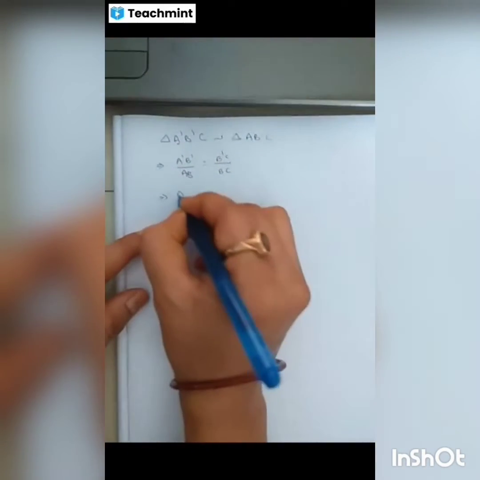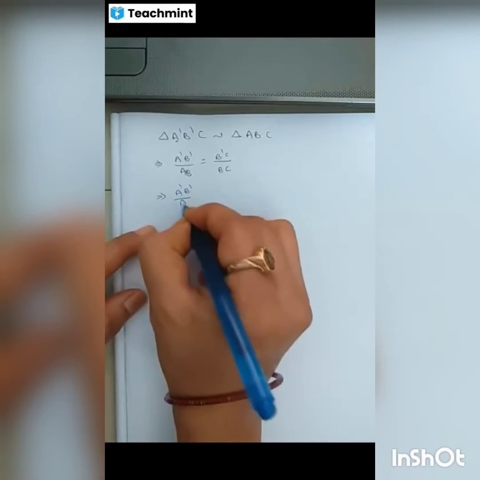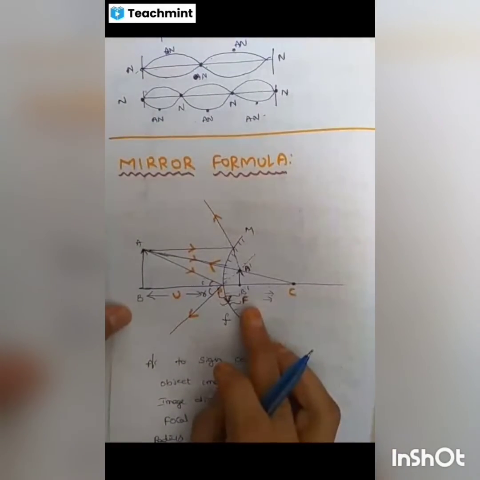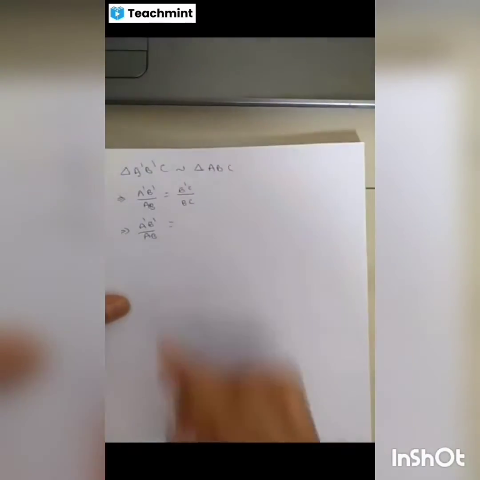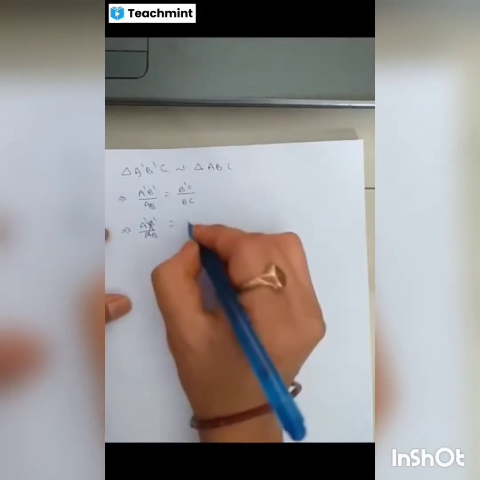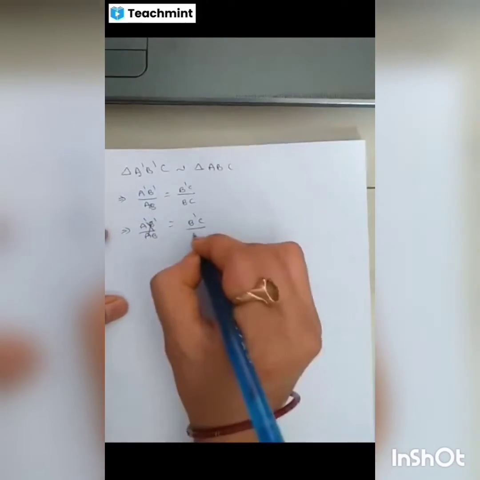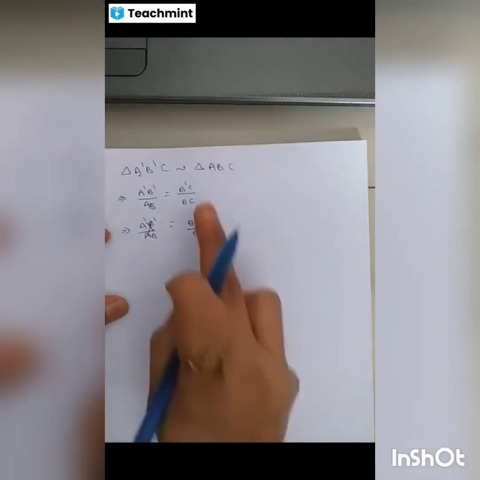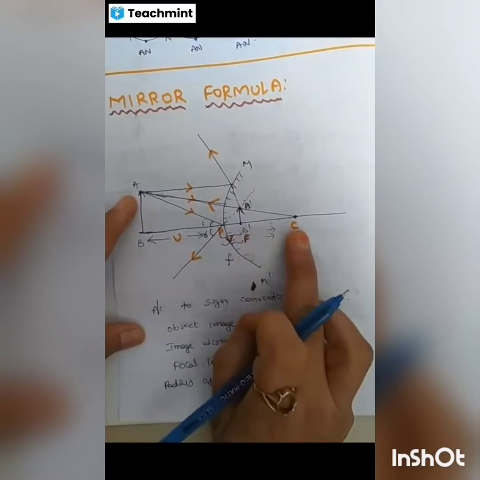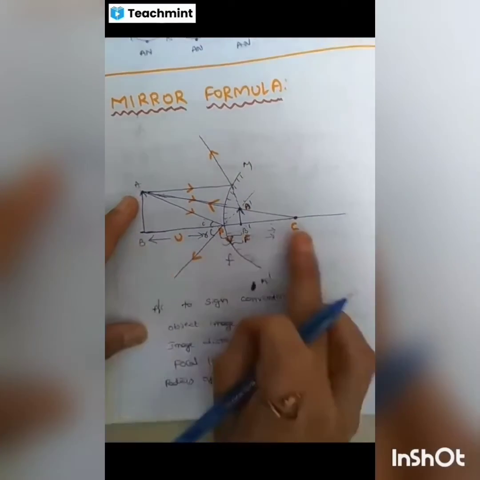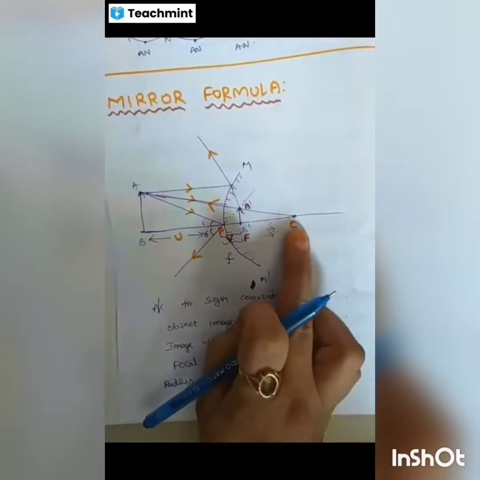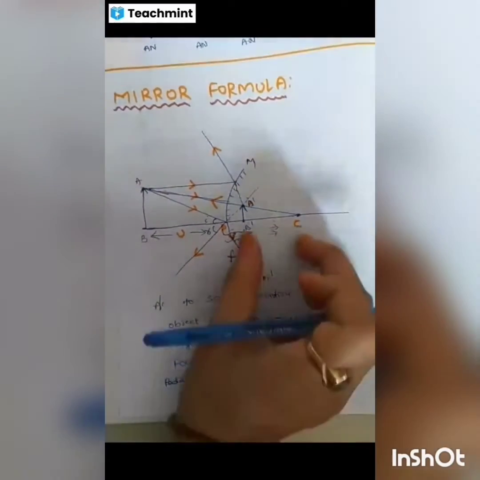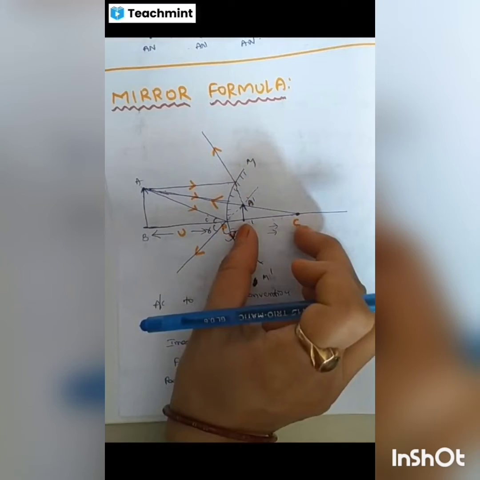A dash B dash by AB can be written as R. Then B dash C by BC. What is B dash C? We don't know the value.